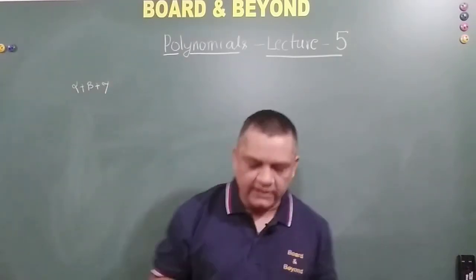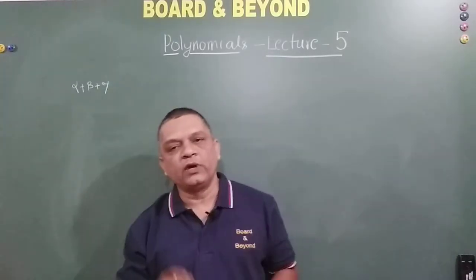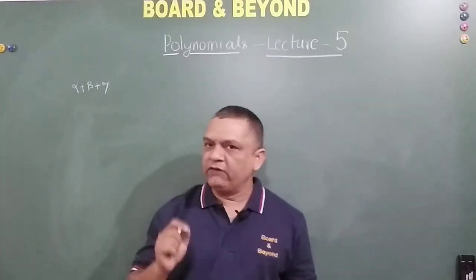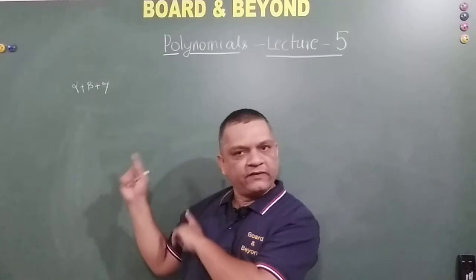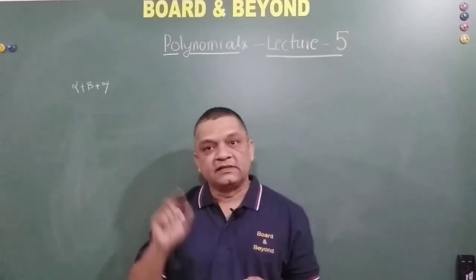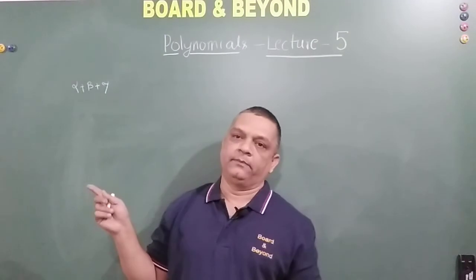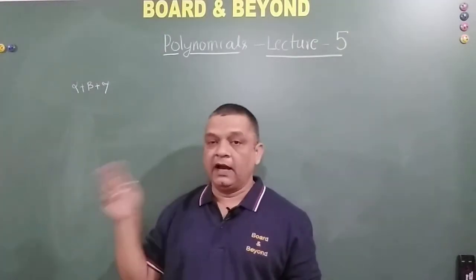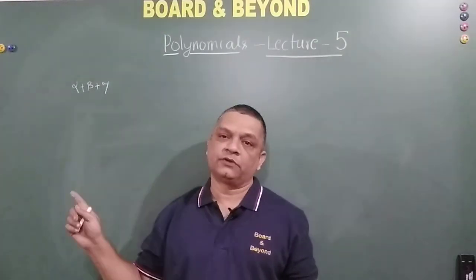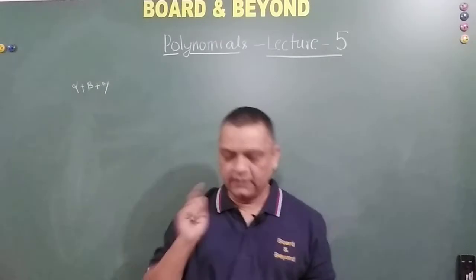So what is given here is that we need to formulate a cubic polynomial in which the sum of the zeros is given to us, the sum of the product of the zeros taking 2 at a time is also given to us, and the product of the zeros is also given to us, right? Okay.